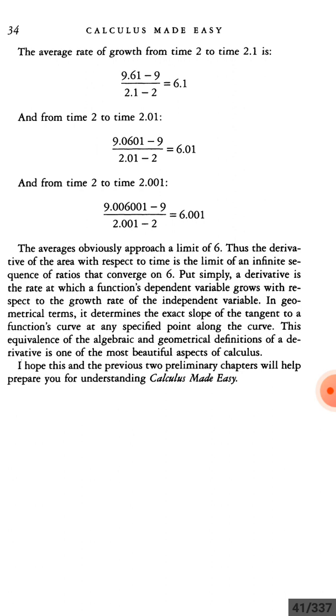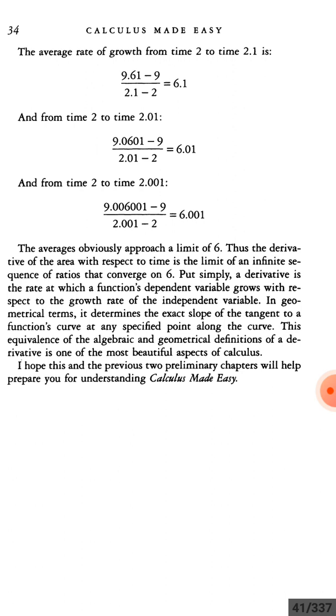And from time 2 to time 2.001, 9.006001 minus 9 divided by 2.001 minus 2 is equal to 6.001. The averages obviously approach a limit of 6. Thus, the derivative of the area with respect to time is the limit of an infinite sequence of ratios that converge on 6.